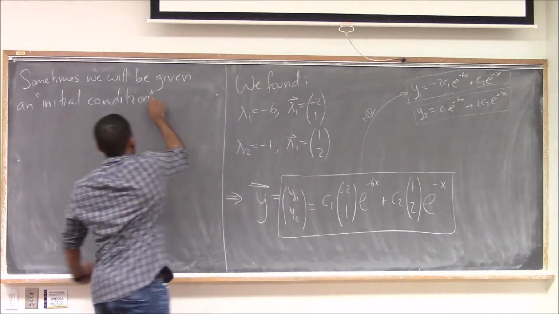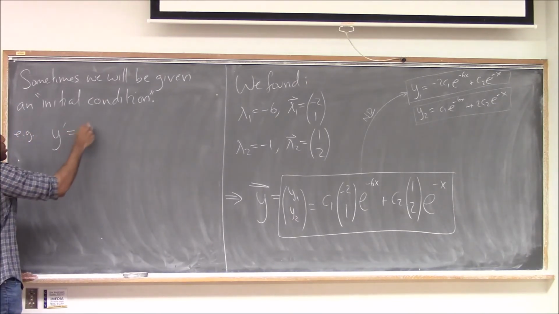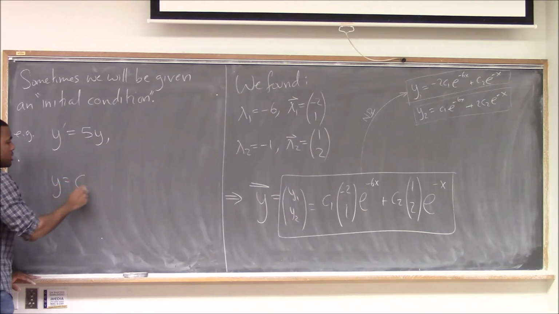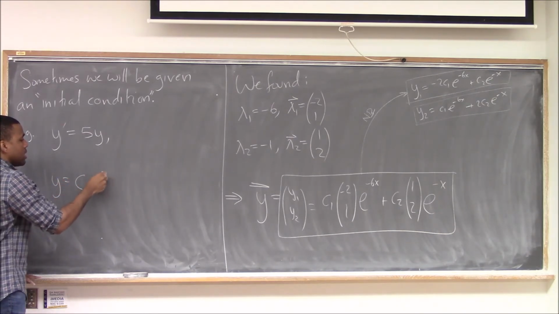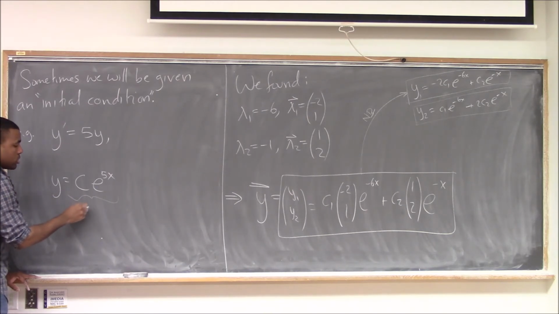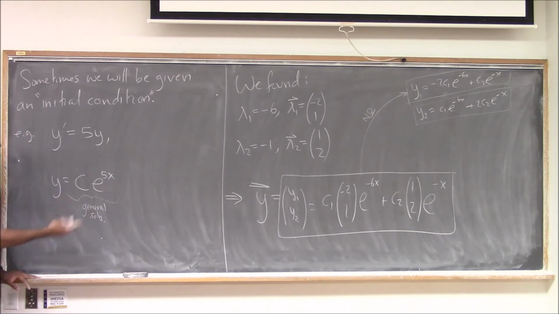Okay? So, for example, if I go back to the silly example, if I have y prime equals 5y, sometimes they might tell you, you know that the solution is going to be c e to the 5x, right? But what this guy is called, he's called the general solution. Because for different c values, you'll get another solution. Every single c value you can choose will be an answer, will solve this.